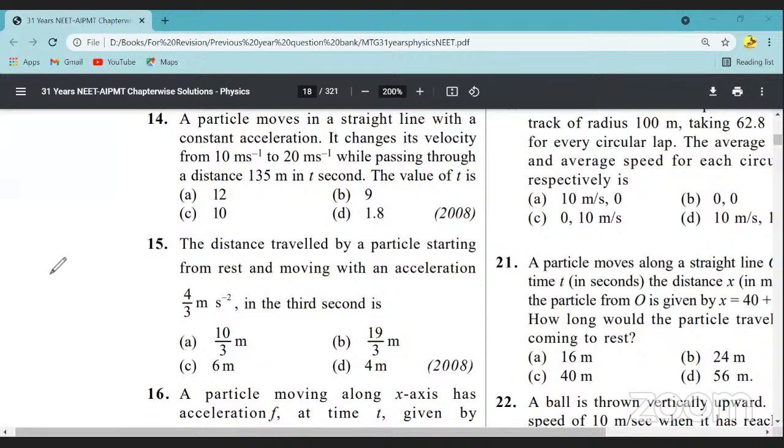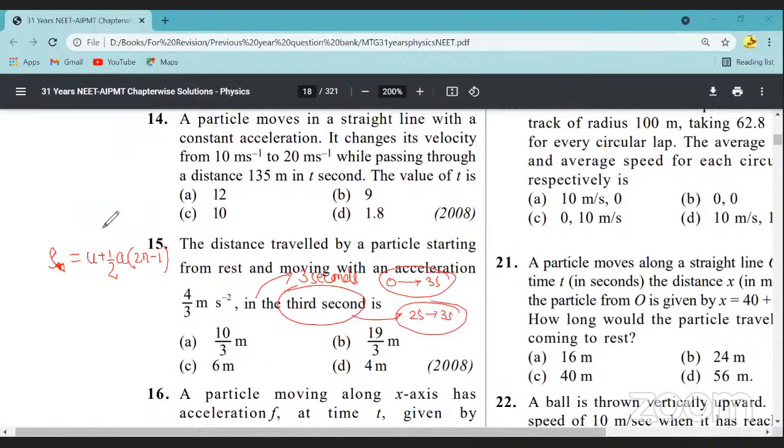If the question were about 3 seconds, find the distance traveled in 3 seconds, then it would be the difference: third second is S3 minus S2. 3 seconds means from 0 to 3 seconds, while the third second means from 2 seconds to 3 seconds. This is the difference. For the nth second we use this formula, and for up to n seconds the formula is S equal to ut plus half at square.